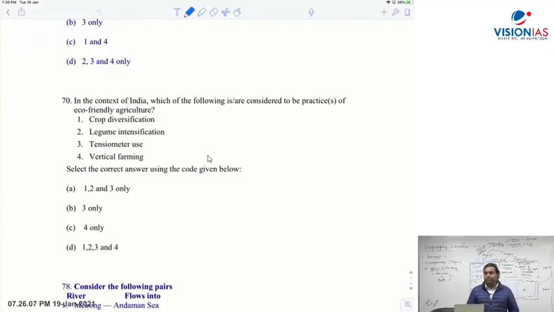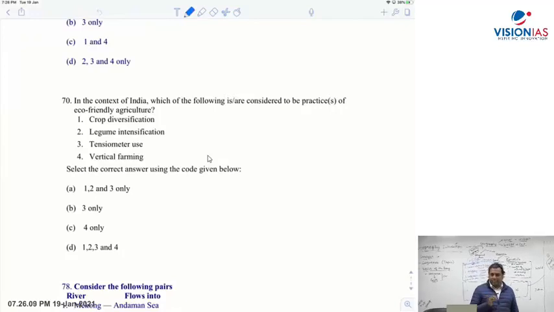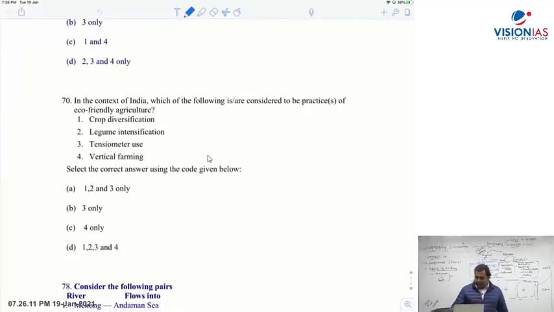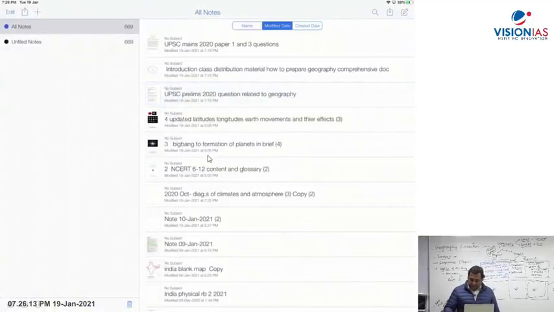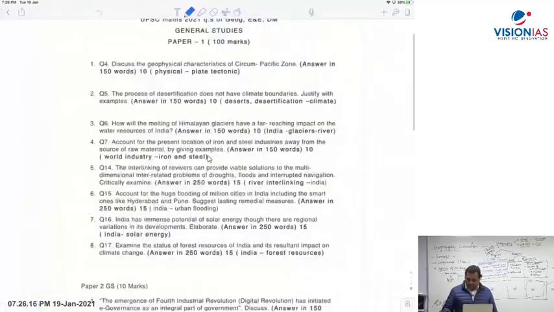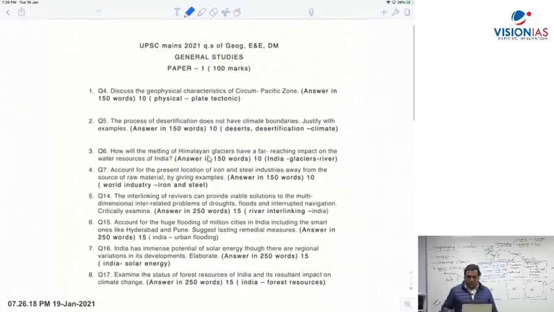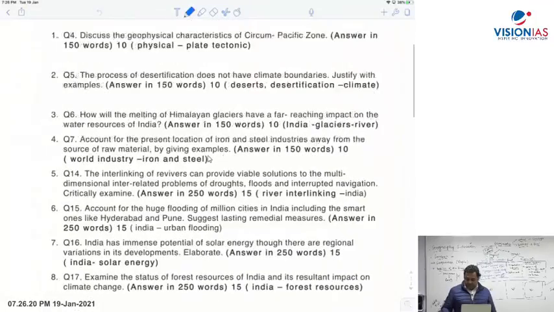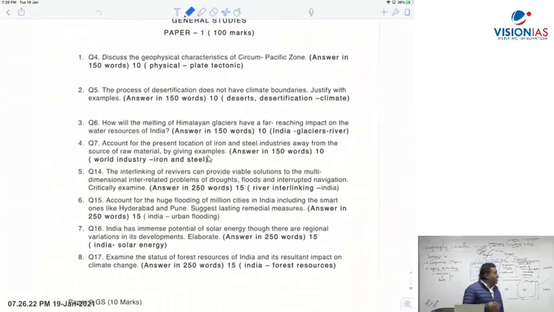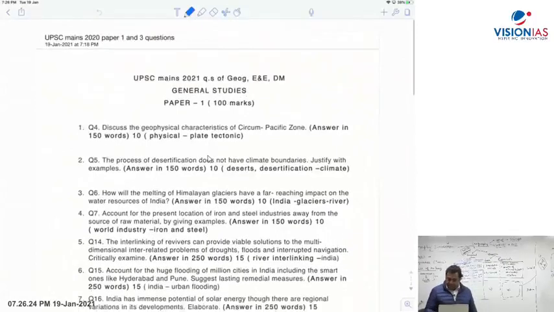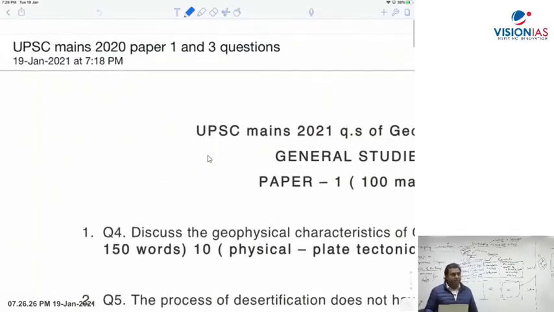Next is your overlap. Overlap is a very important part which many people ask about: sir, there are sections which are overlapping. For example, if I show you the questions, this is your mains 2020 question paper, paper 1 and paper 3.